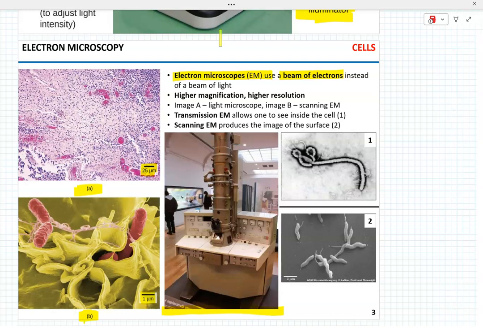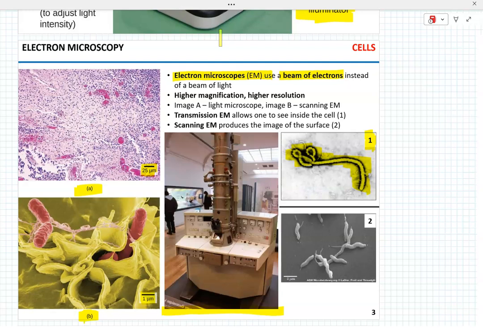Two main types of electron microscopy are transmission and scanning. Image 1 shows you the typical transmission electron microphotograph of Ebola virus. You can clearly see the inside structures of that virus. So if you need to see inside of the cell or inside of the virus, you would use transmission electron microscopy.